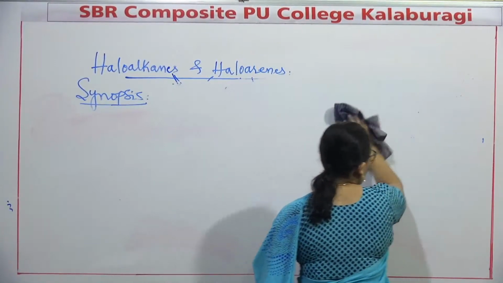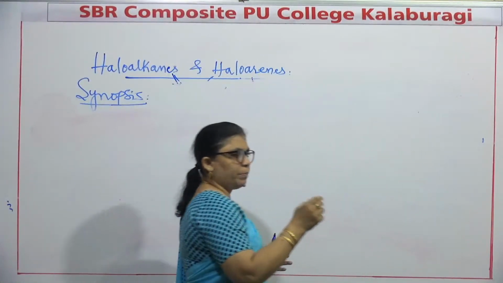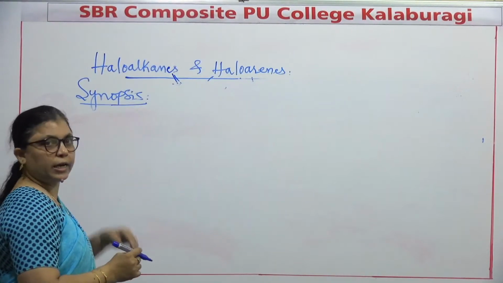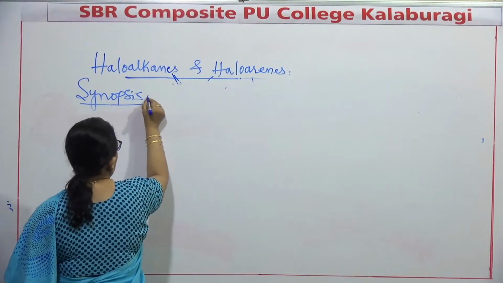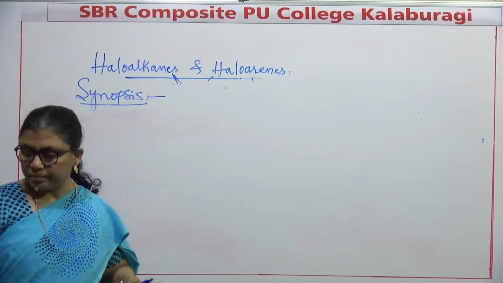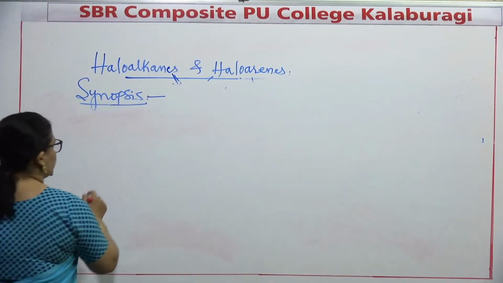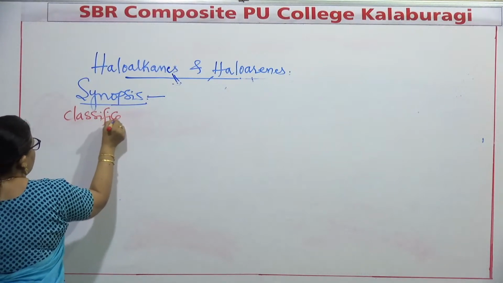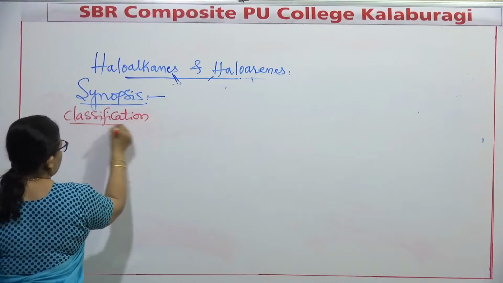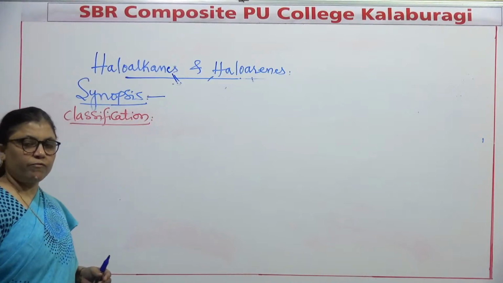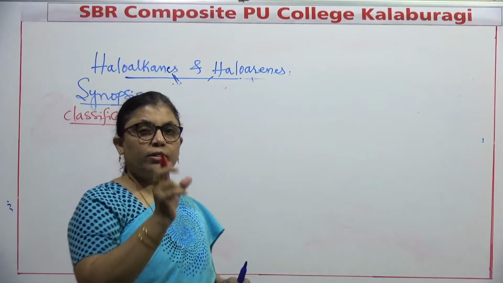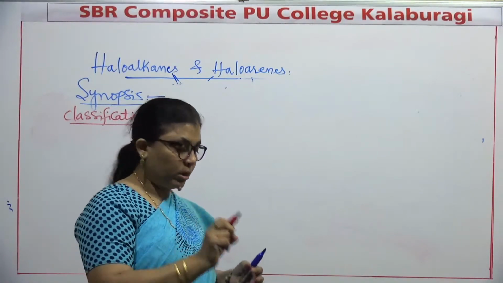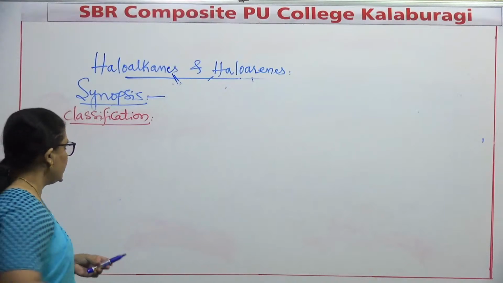There are different factors on the basis of which we are going to classify organic compounds like haloalkane and haloarene. The first classification is on the basis of the number of halogen atoms.